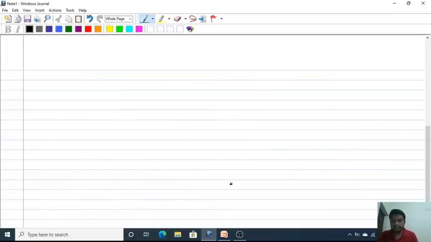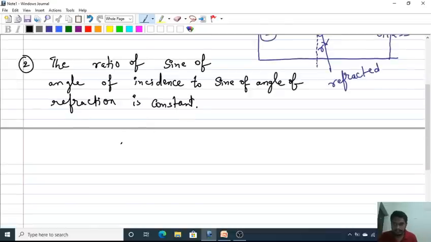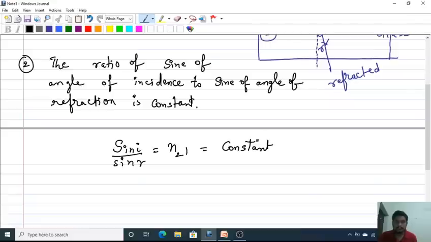Mathematically it can be written as sin i / sin r = n21, which is constant. This law is called Snell's law.